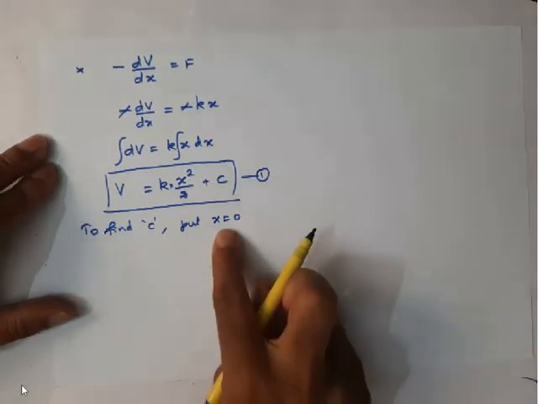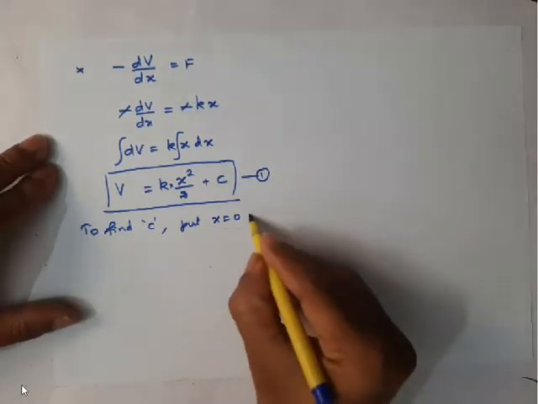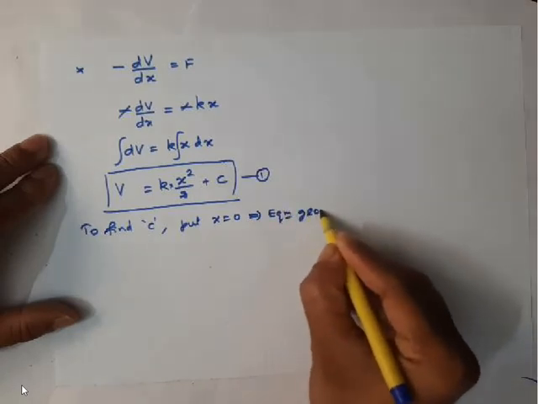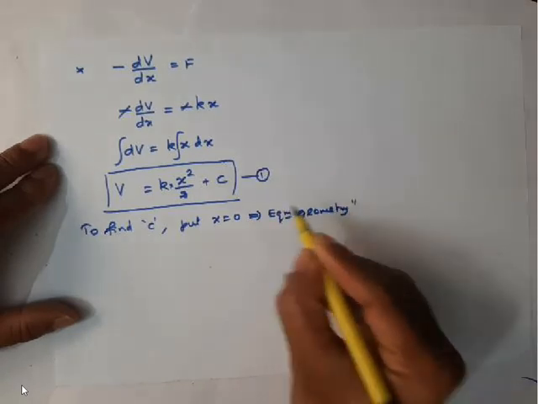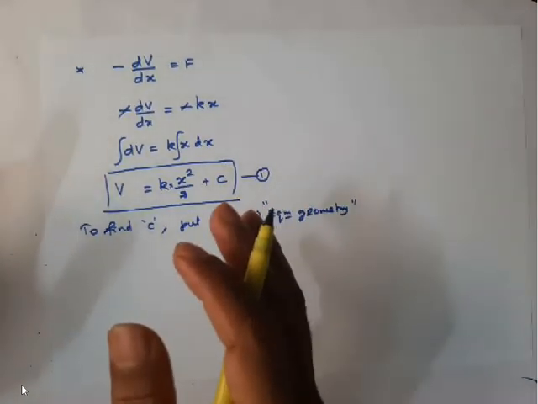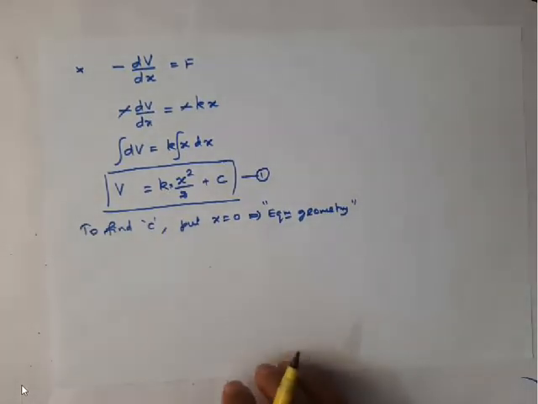x equal to 0 means no displacement. No displacement means the molecule is present in equilibrium geometry. Remember, equilibrium geometry is a geometry where the molecule possesses the lowest possible energy.